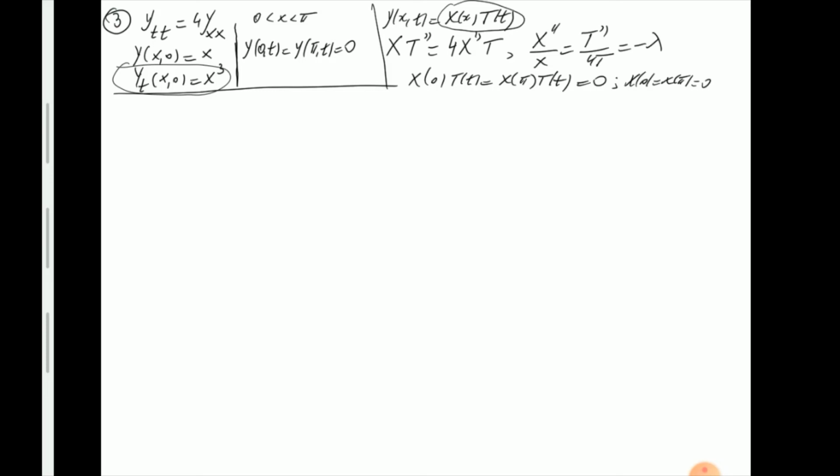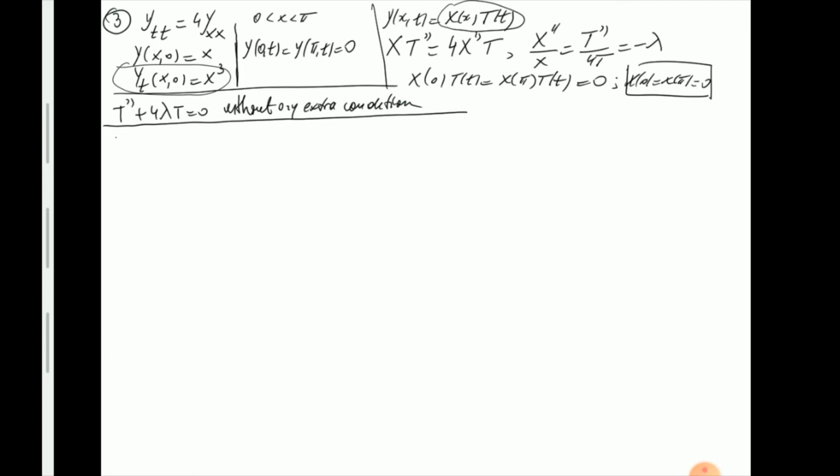Previously, since we had 0 velocity, you would have to plug that product form into that condition as well. But here we don't have 0 velocity, so you just have the boundary condition. So that's it for the product form. In other words, the two ODEs are T double prime plus 4 lambda T equals 0 without any extra condition.